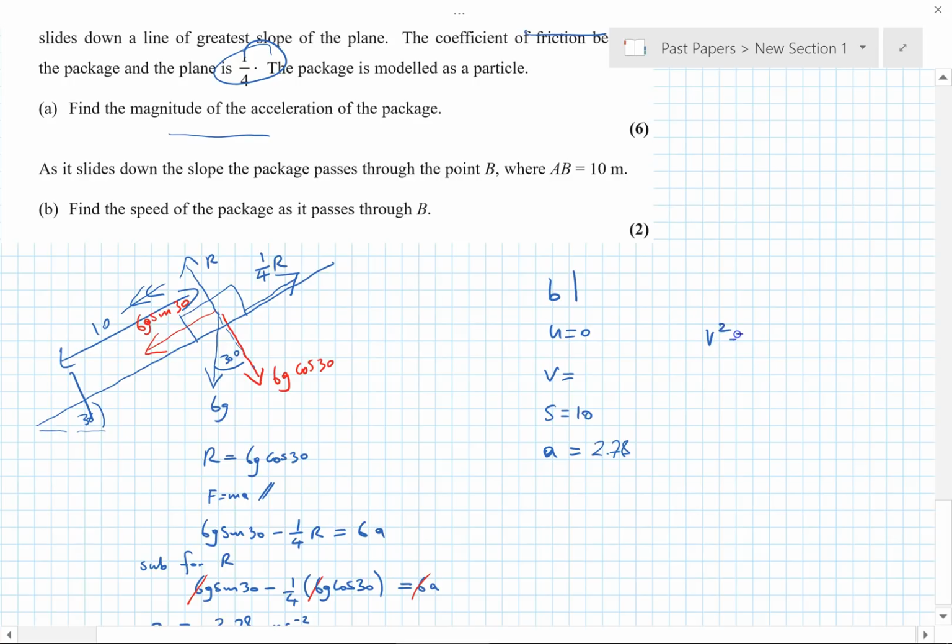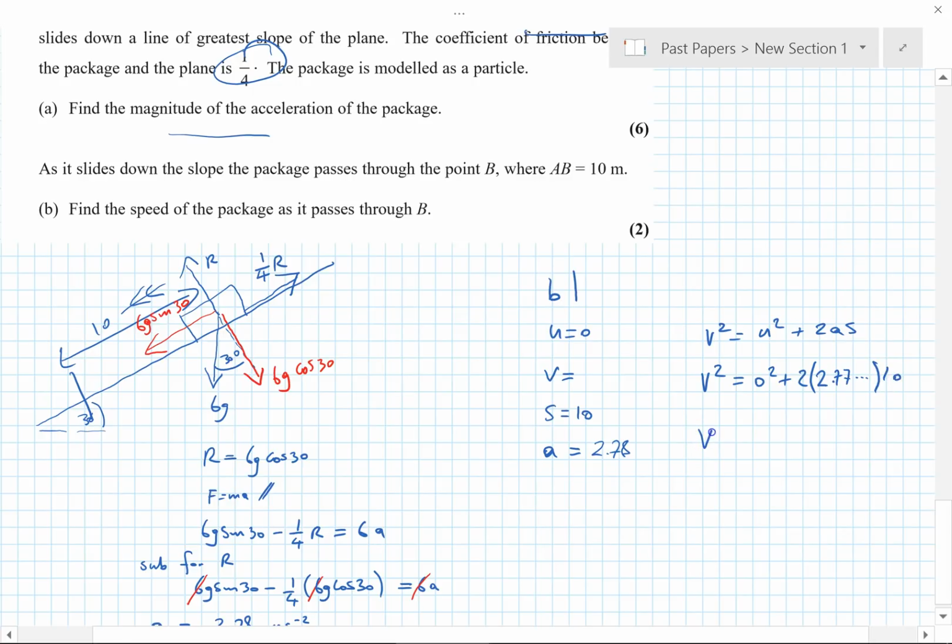So it's v squared equals u squared plus 2as. That gives me v squared is equal to 0 squared plus 2 times 2.77 and so on, times 10.